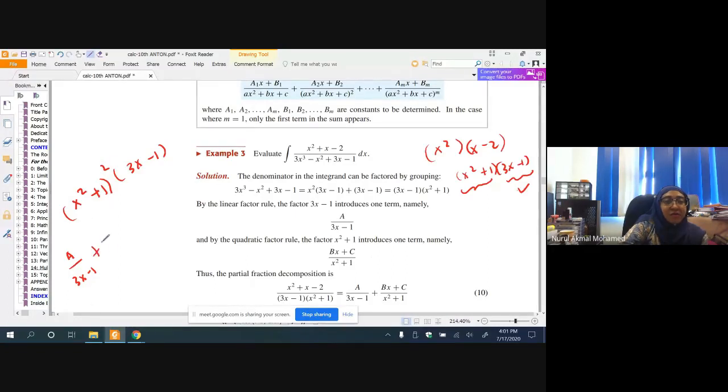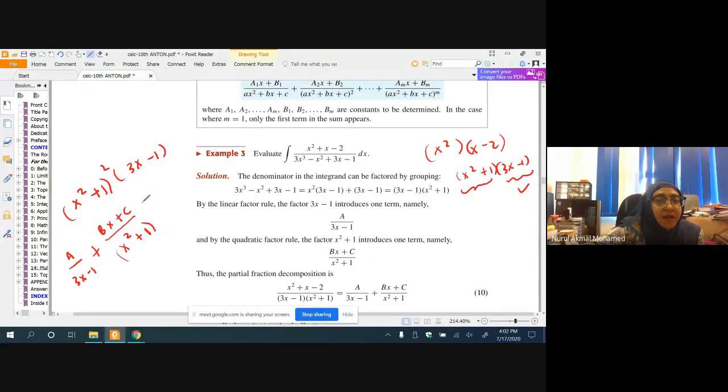So for this part here, it will be bx plus c divided by x squared plus 1.